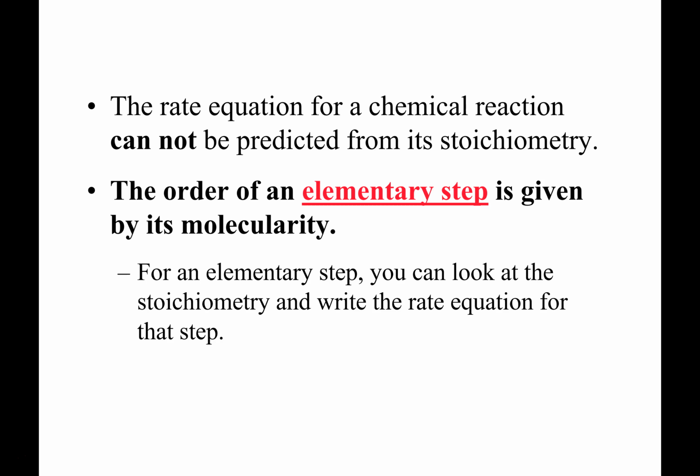So it does come from there. If what you're dealing with is an elementary step, we can write a rate law expression for all of our elementary steps, and we can just pick off their stoichiometric coefficient or their molecularity to know what the reaction order is, if it's an elementary step.